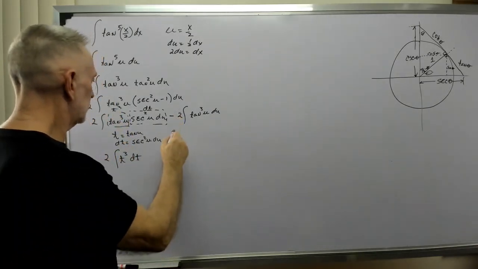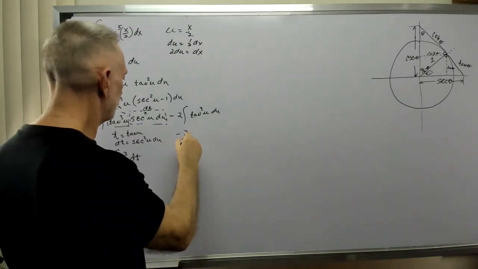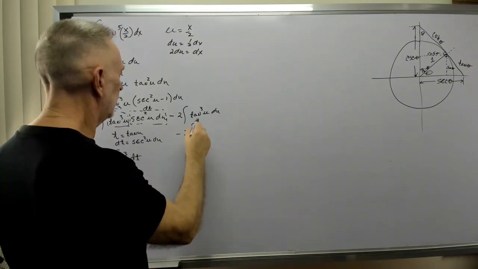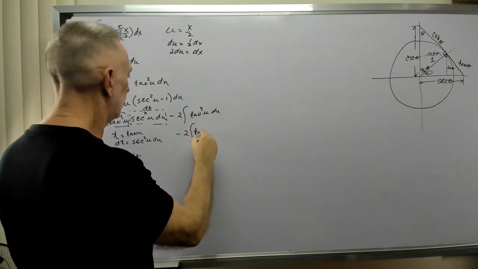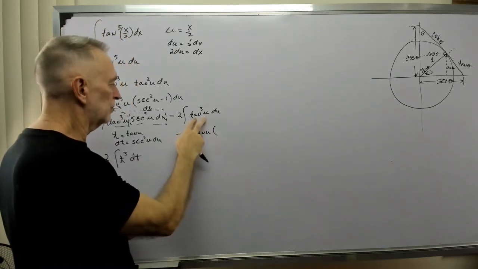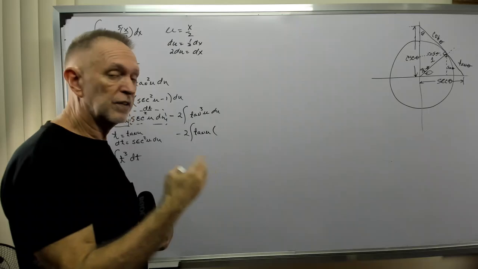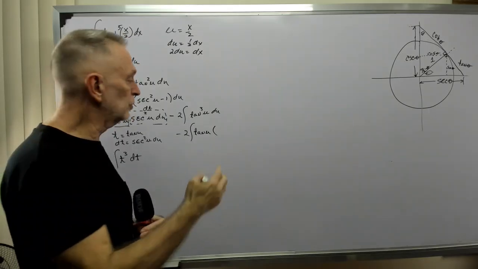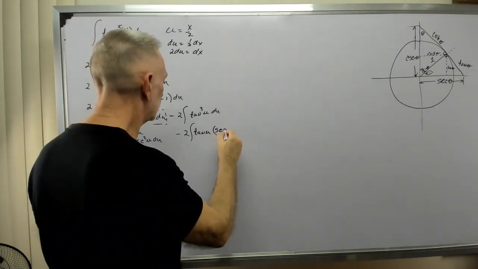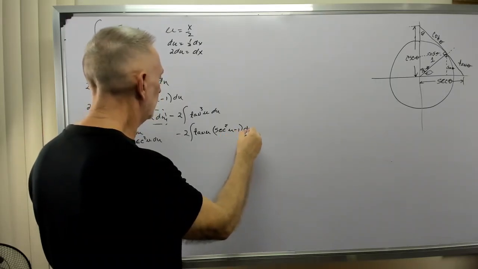In this case, let's take another. I have tangent u times tangent squared. So tangent u times tangent squared. But I'm going to change that tangent squared to secant squared u minus 1 du.